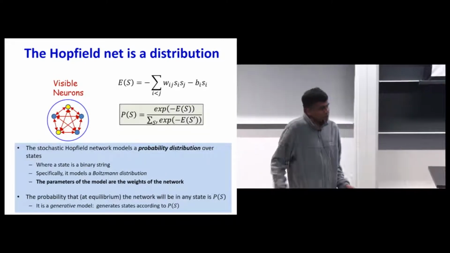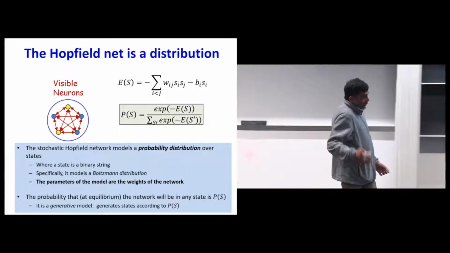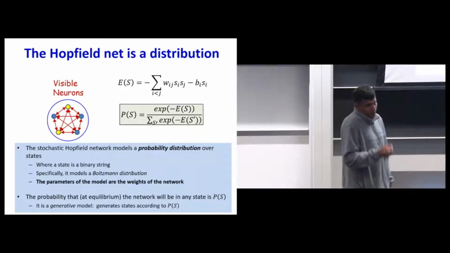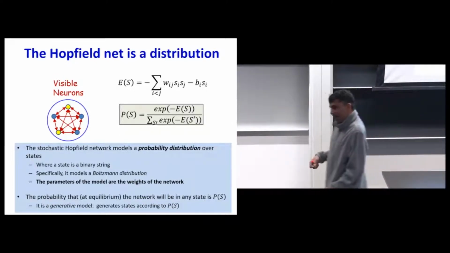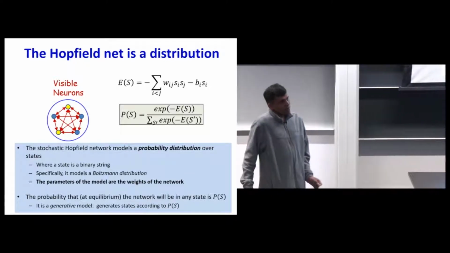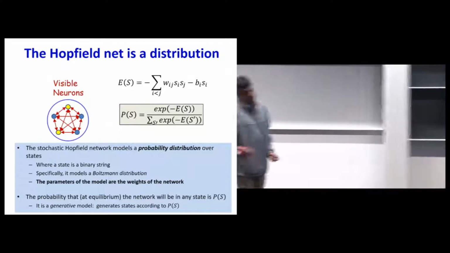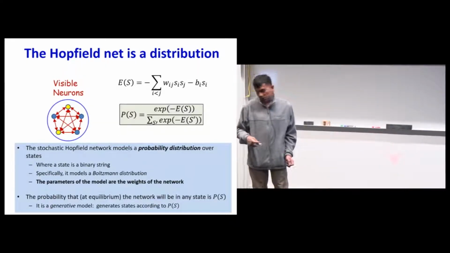Again, going back to this, if you scan all possible states of a Hopfield network and select them based on the probability distribution that you've given here, that's again equivalent to generating samples from that distribution, right?